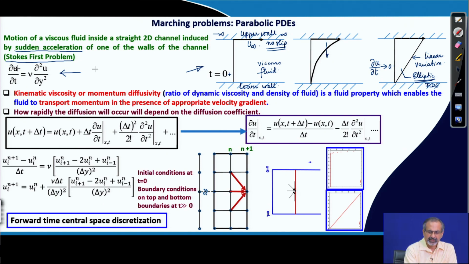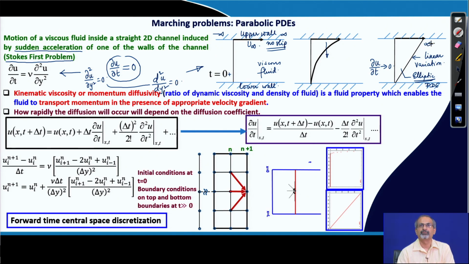So, as you can see, if del u del t at some point basically becomes 0, then the problem will reduce to this. In one dimension in space, this is essentially going to be an ordinary derivative, giving you this linear distribution of velocity along the y direction.